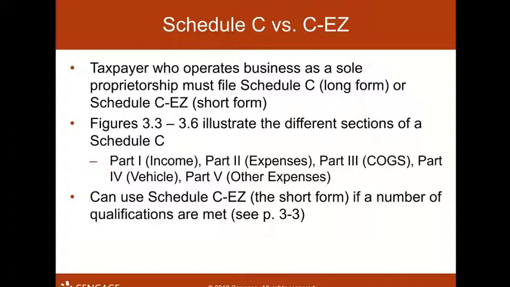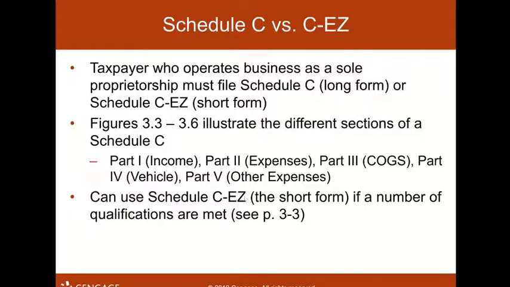A taxpayer who operates a business as a sole proprietorship must file Schedule C. So if the taxpayer is a sole trader, he or she is required to file Schedule C, which is the long form, or Schedule C-EZ, which is the short form. So we have these two forms.